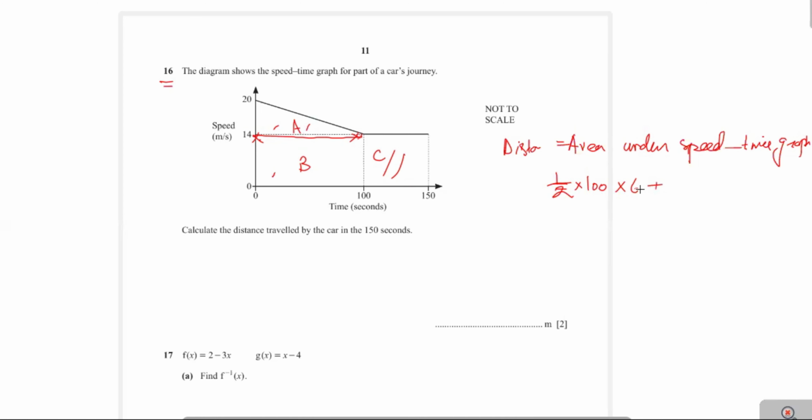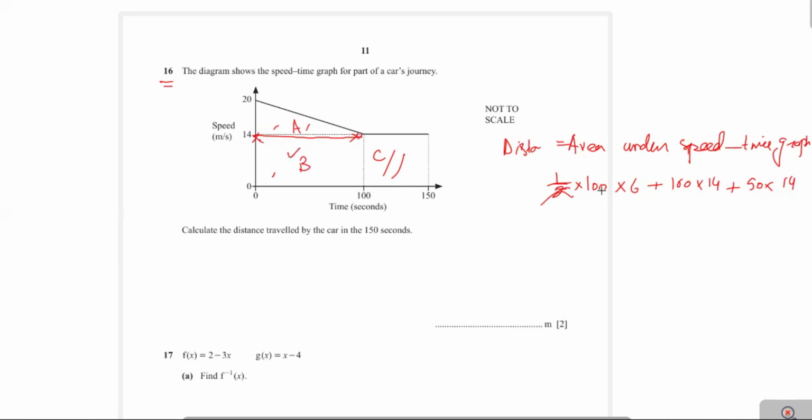And next is the area of this region B. This is a rectangle. This length is 100, height is 14. 100 multiplied by 14, plus the third region, C, and this distance is 50 units, and the height is 14 units.